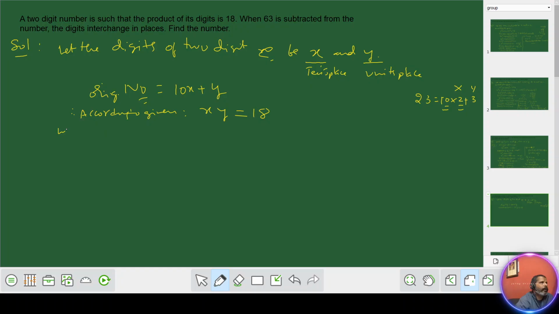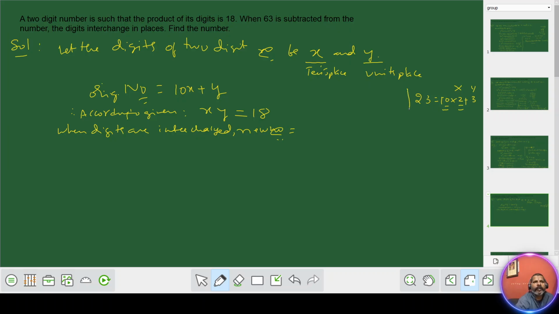See, when digits are interchanged, it means the tens place digit will go to the unit place and the unit digit will go to the tens place.